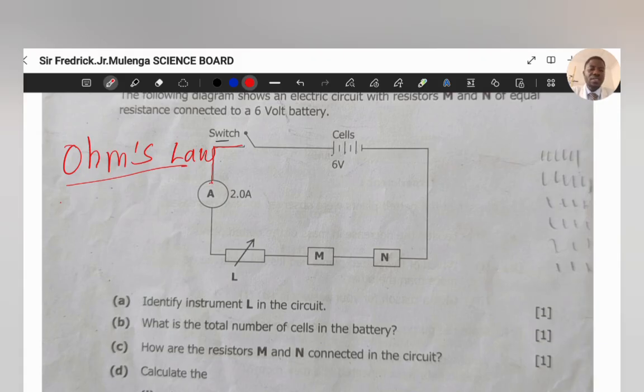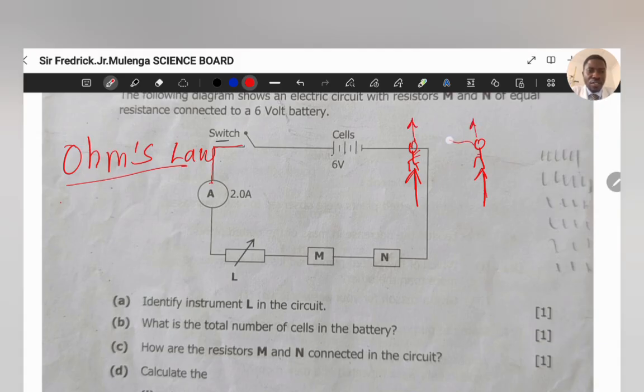When something is directly proportional in science, it means that when one quantity is increasing, another quantity is also increasing. We can illustrate this in this way. Imagine you have two people and you tell them to run. This one starts running, and the other one also starts running.